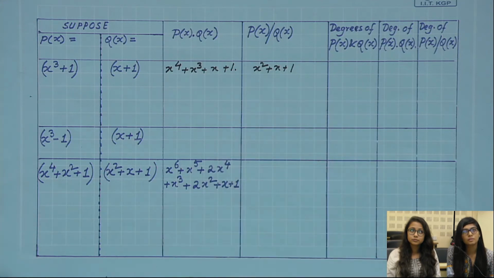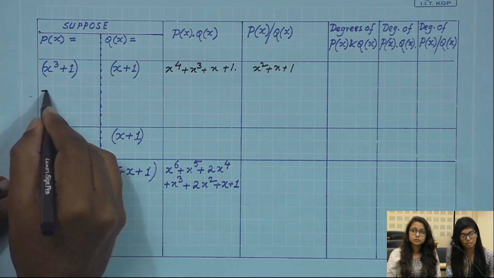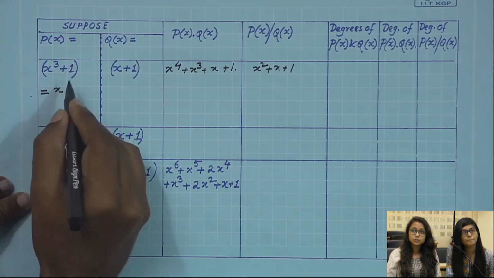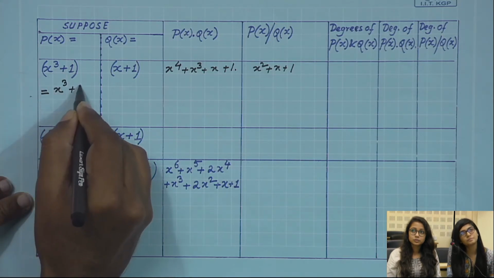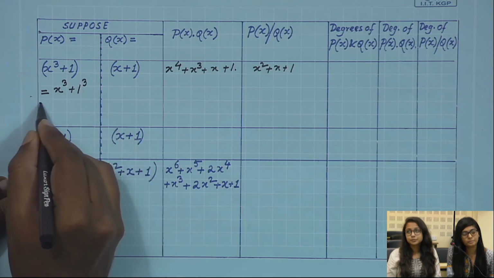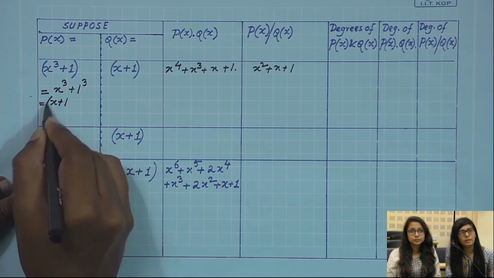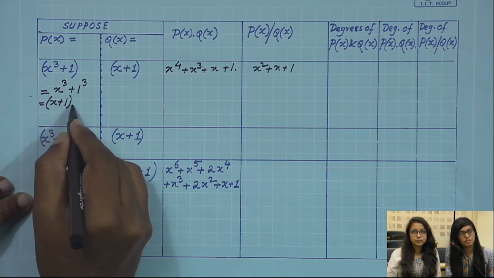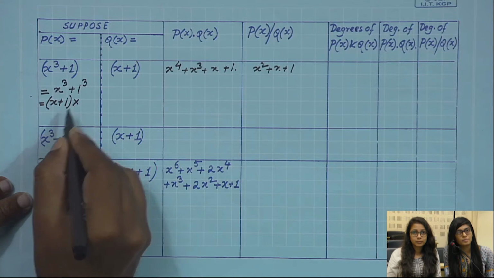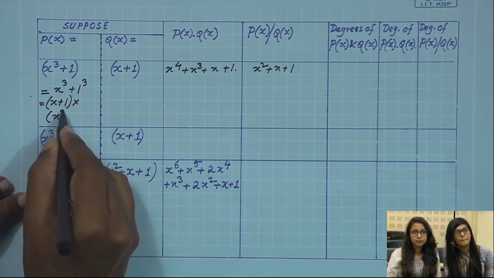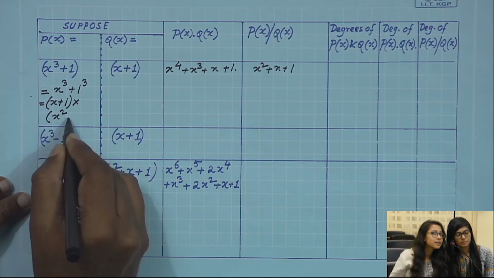How have you got it? I have got it by using the formula of x cube plus y cube. Here it is x cube plus 1 cube. Then what is the formula? X cube plus 1 cube is x plus 1 into x square plus x plus 1.